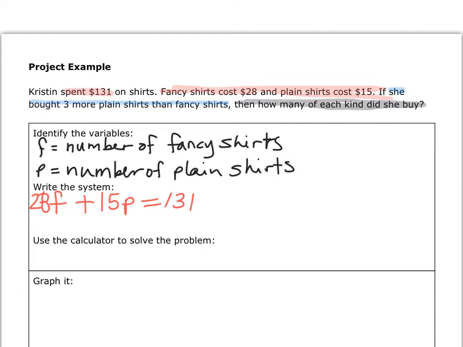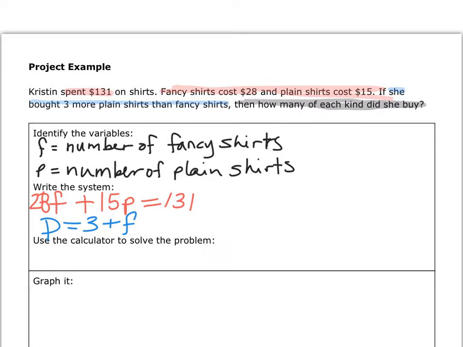Hold on. She bought more plain shirts, right? So I'm going to say P equals, I'm going to add 3 because it's 3 more. 3 more than what? The fancy shirts, right? Fancy shirts, okay. And then 3 plus F. That's my system.